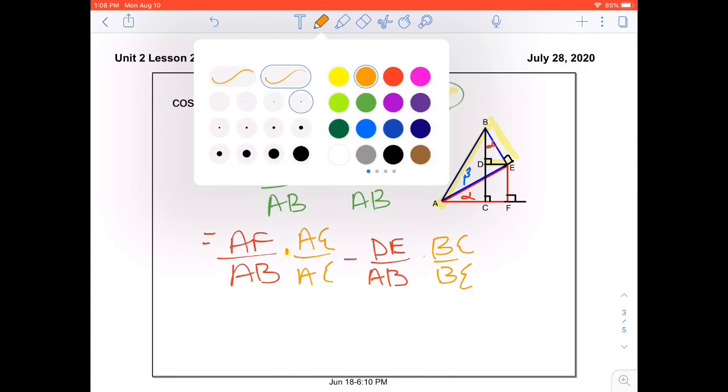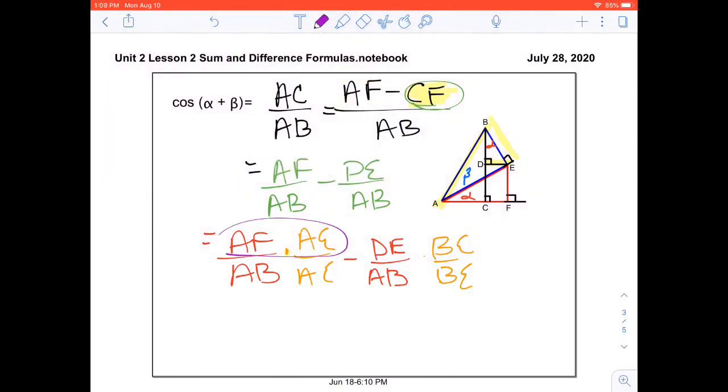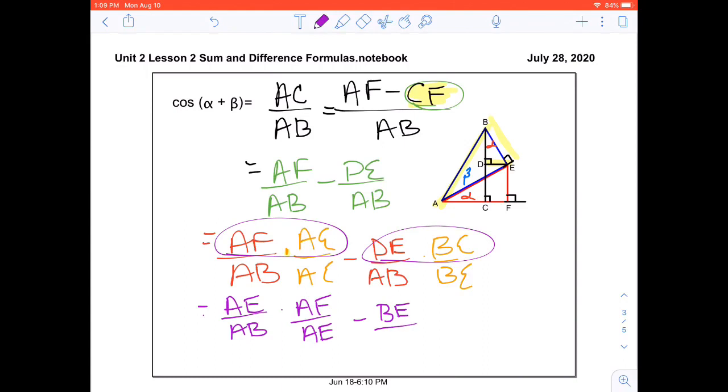And again, you're seeing kind of similar algebra. We're going to use the commutative property of multiplication to flip-flop those so that we have AE over AB times AF over AE minus, let's flip-flop, BE over AB times DE over BE.